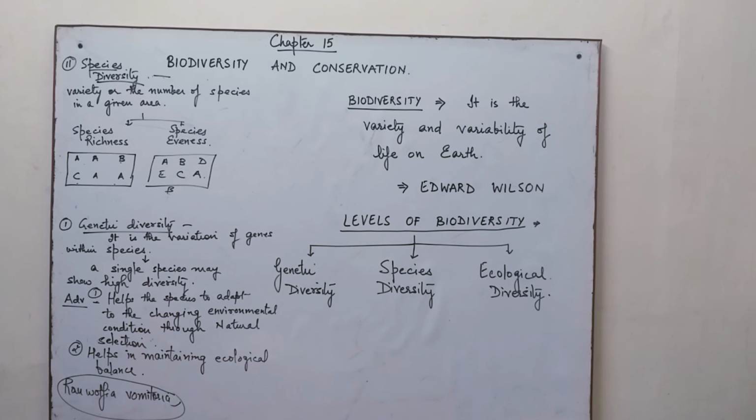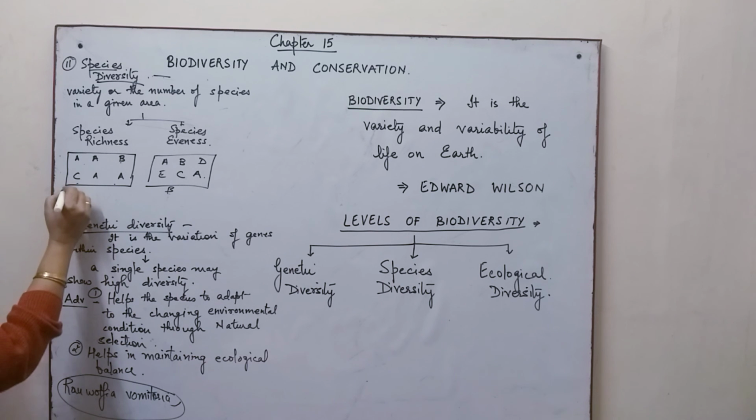When we talk of species diversity, in a forest there may be a large number of different species, but only a few members of each species. This helps in adapting to changing environmental conditions through natural selection.